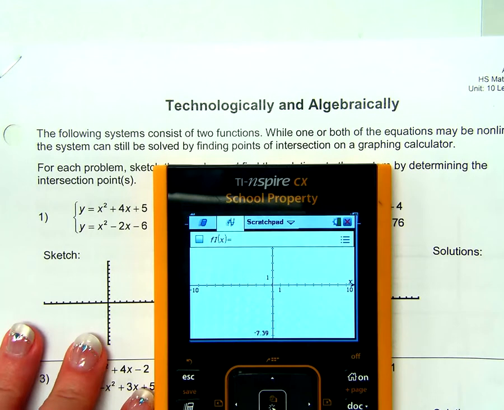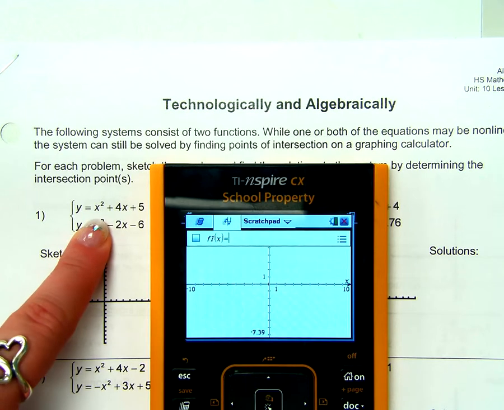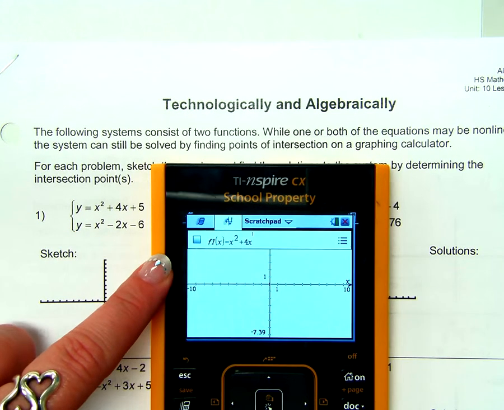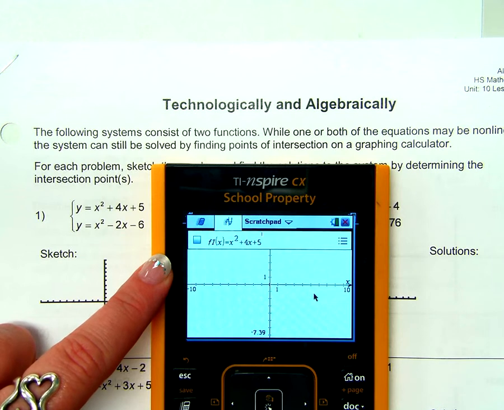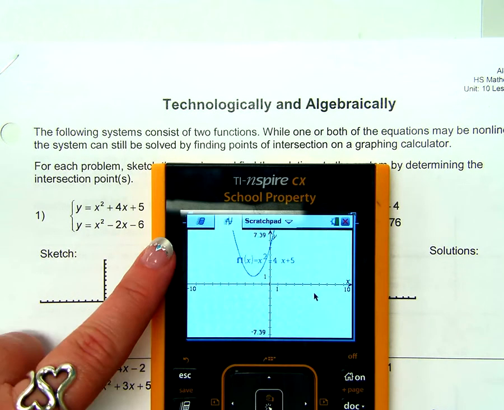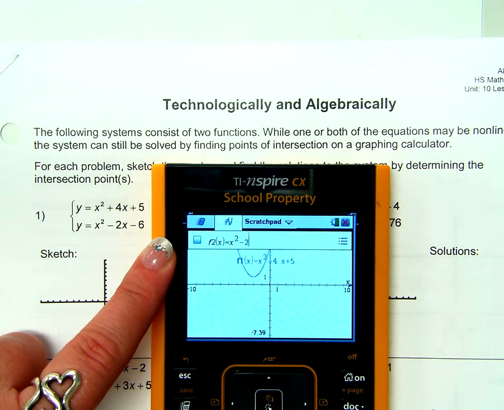Okay? All right, so in F1, I'm going to put in x squared plus 4x plus 5. And then in F2 or Y2, I'm going to put in x squared minus 2x minus 6.